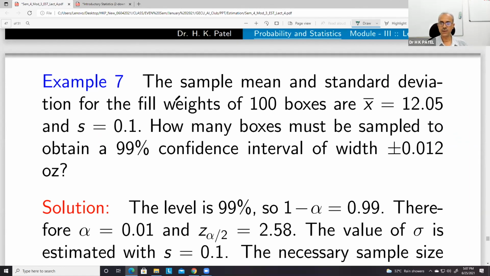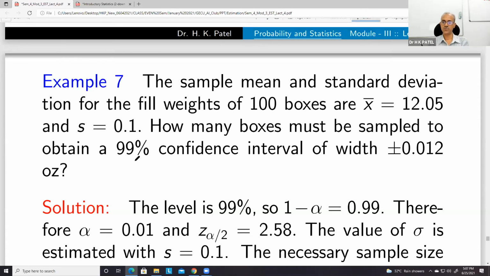Now there is another one. The sample mean and standard deviation for the fill weights of 100 boxes are given. So both mean and standard deviation are given. How many boxes must be sampled to obtain a 99% confidence interval of width plus or minus 0.012?